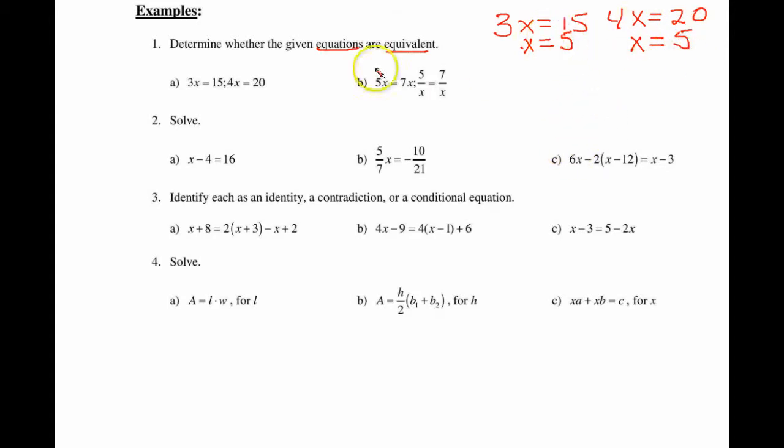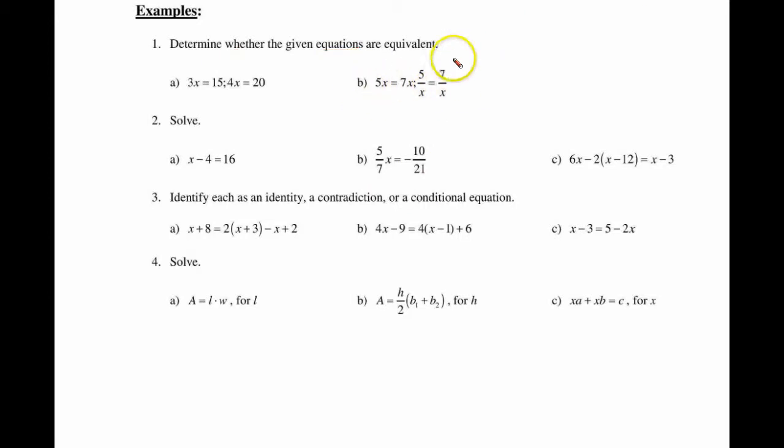So are these equations equivalent? The answer is yes. They're asking us to do stuff we may or may not know how to do, but we'll be building up those skills in these examples here.